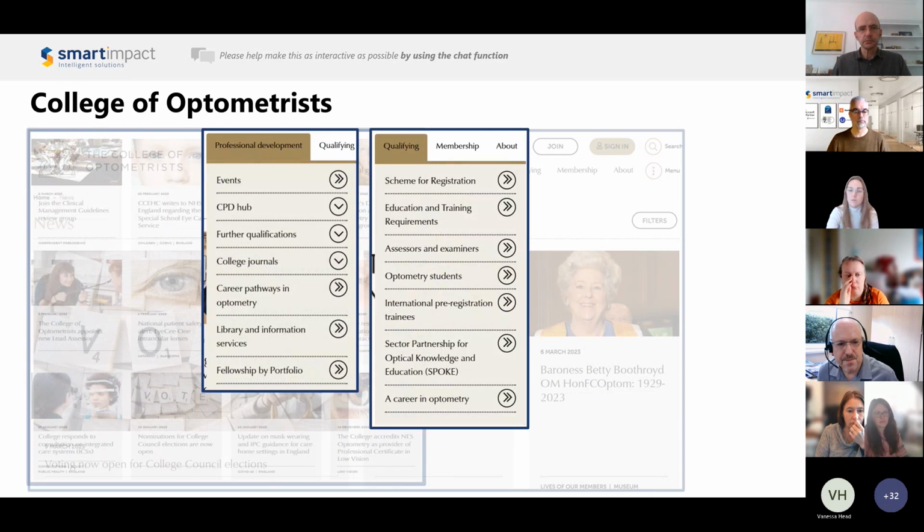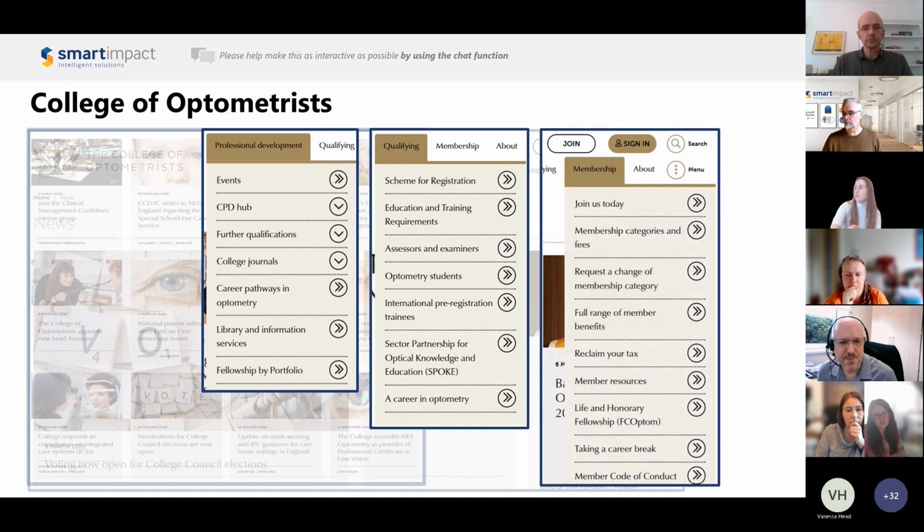Here are some examples of areas of the website: they can manage all of their professional development in terms of events, measure all of their CPD points, and access all types of journals. It's very specialized and very specific, where you would not get on a more general website. And you can see that they can qualify and manage all of their exams here also.